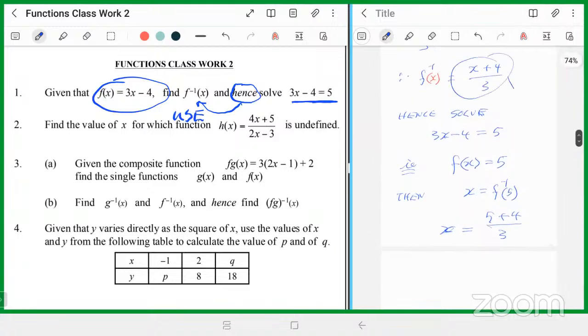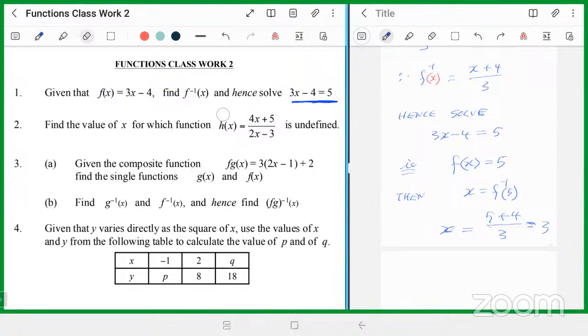That's what we'll get. And then this is really 9 over 3, which works out to 3. So the value of x that makes this expression equal 5 is 3. That is it.